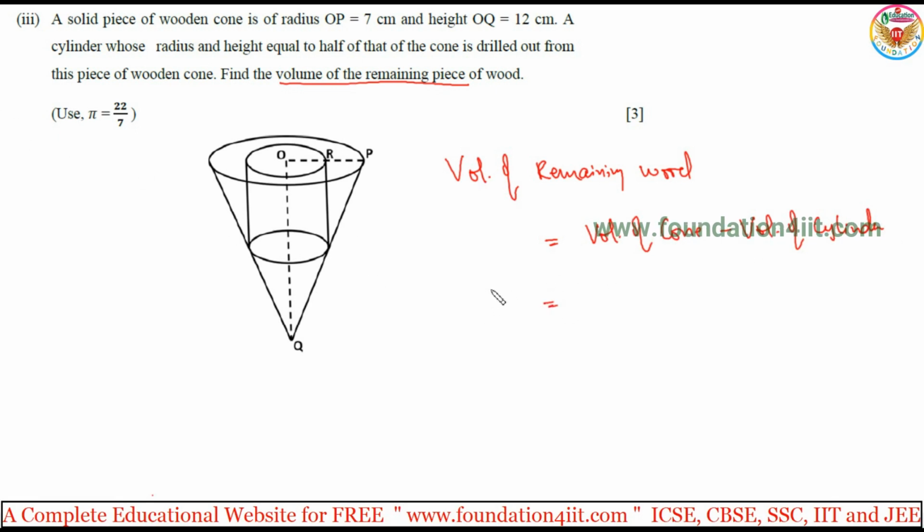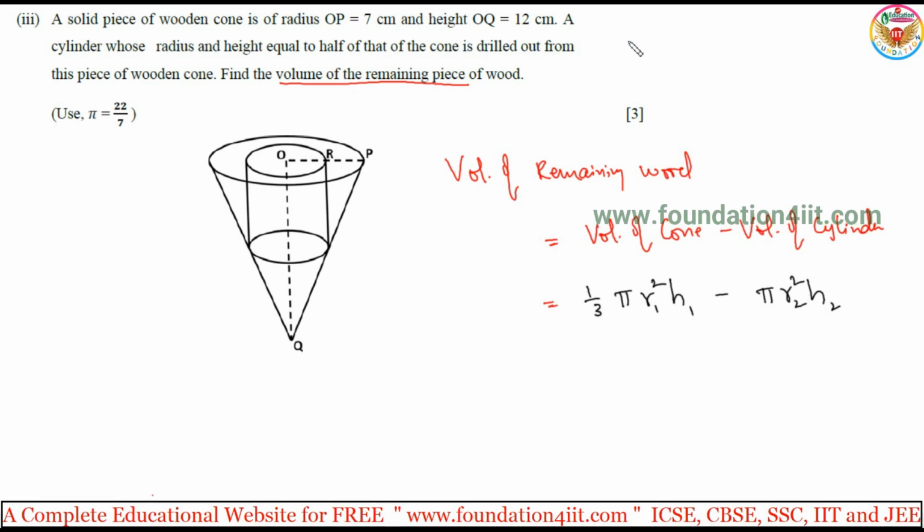If you apply the formula, volume of the cone is 1 by 3 pi r square h, right? So it will be r1, h1. And volume of the cylinder is pi r square h. It will be r2, h2. Now according to the given data, for the cone r1 is 7 centimeters, OP, and height OQ is 12. Next, the cylinder whose radius and height is equal to half of the cone is drilled.